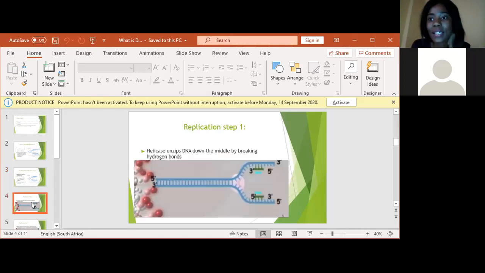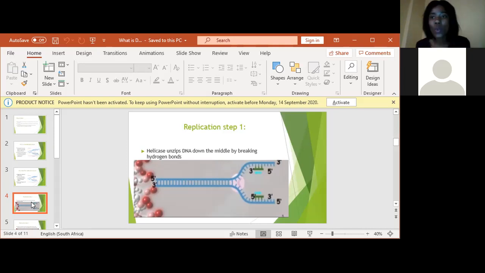But before DNA replication can start, the enzyme that copies the strands needs to have a place to start, as it can only add nucleotides to the 3' end of an existing strand.